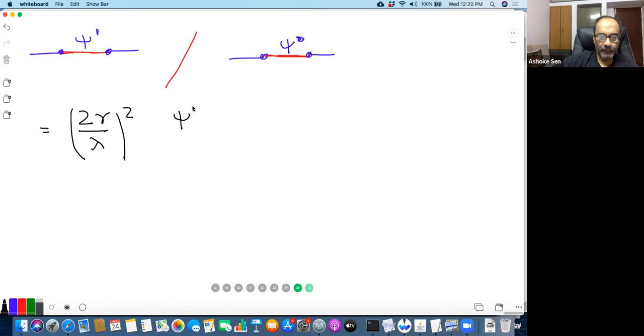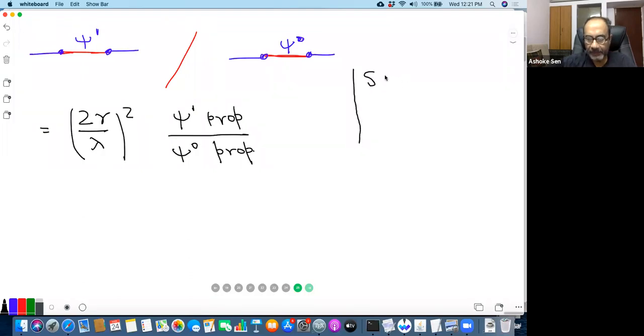And then you have the psi1 propagator over psi0 propagator. That's the ratio of these two. The reason that we are calculating this is because this is already known, as you'll see in a few minutes. Now, psi1 propagator versus psi0 propagator, this also you know from what we discussed yesterday, because remember the action had half psi0 square plus psi1 square.